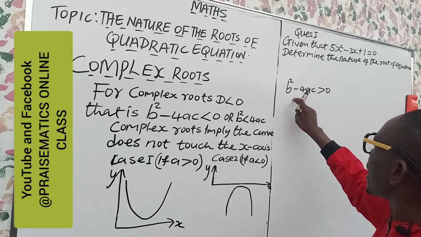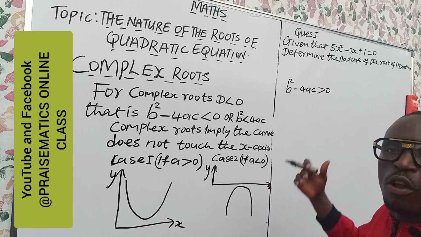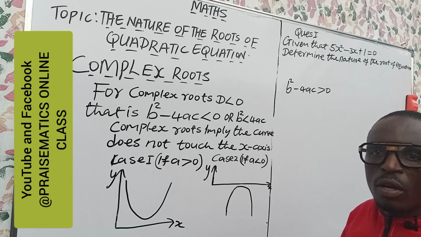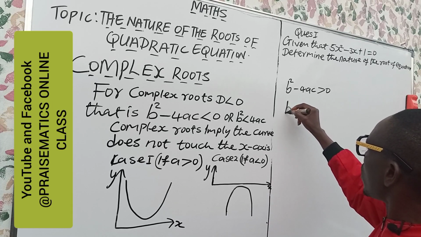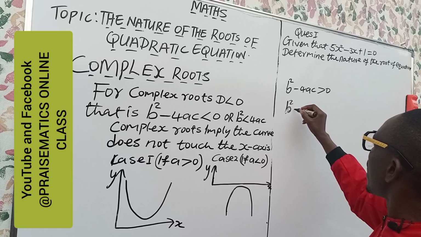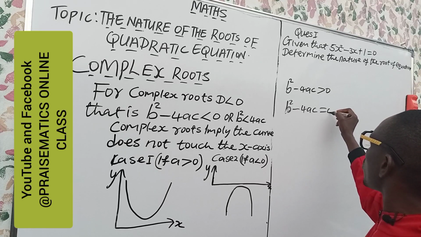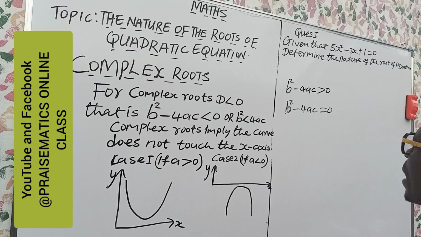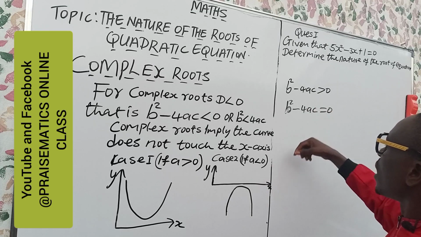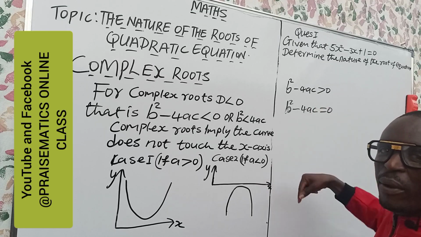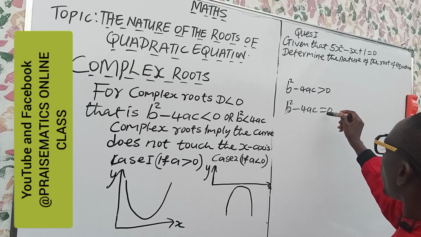While in a distinct root, the discriminant will be greater than 0. In other words, it will be a positive number, greater than 0. When you come to equal root, we have b squared minus 4ac equal to 0. That means if you plot this on a number line, the graph will lie on 0, because the discriminant will be equal to 0.